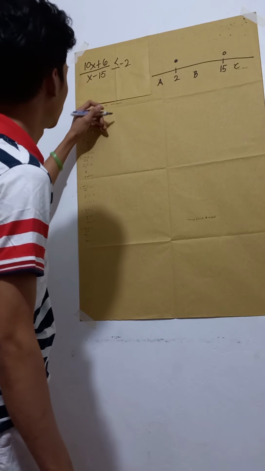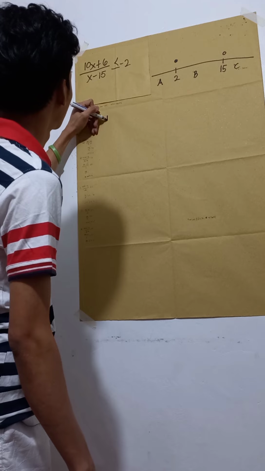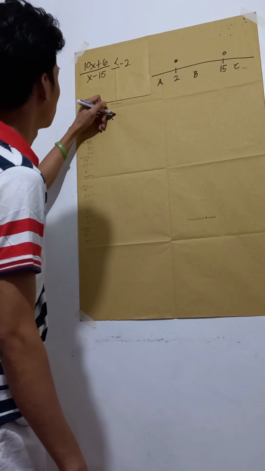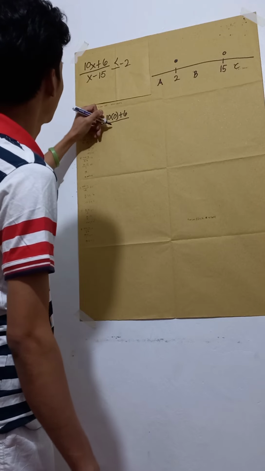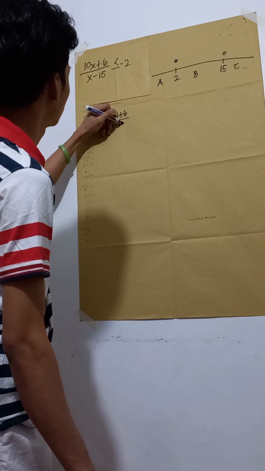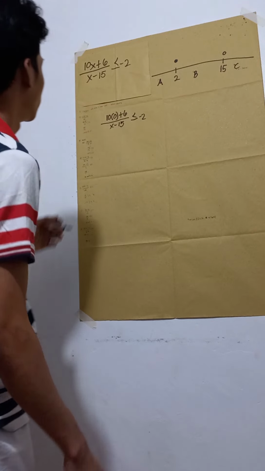So substitute 0: 10 multiplied by 0 plus 6 over 0 minus 15, less than or equal to negative 2.